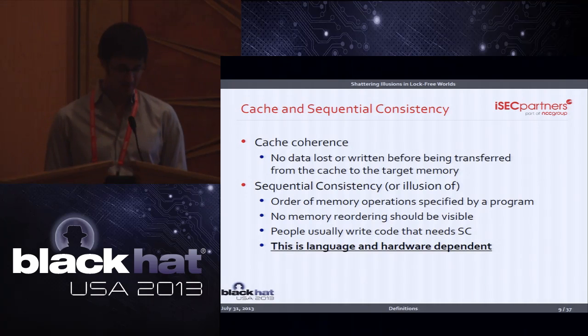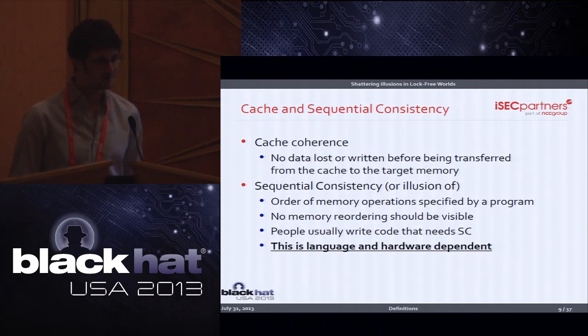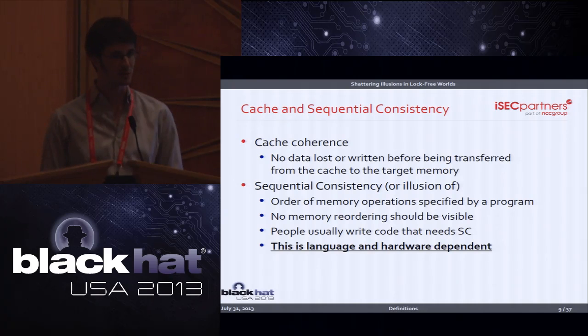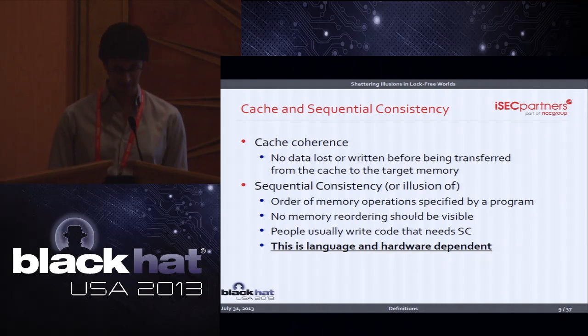Two of the main concepts to understand here are cache coherence and sequential consistency. Cache coherence means that writes made by a processor are eventually seen by other processors without being lost or overwritten. But you should not really have to care too much about this, since the OS, the compiler, and the hardware should make sure it is true. But sequential consistency is really important. It is language and hardware dependent.